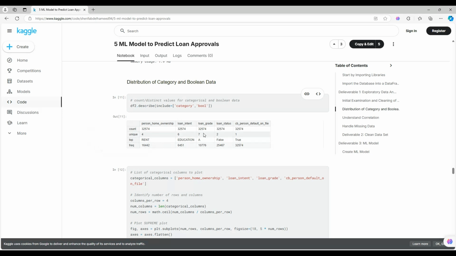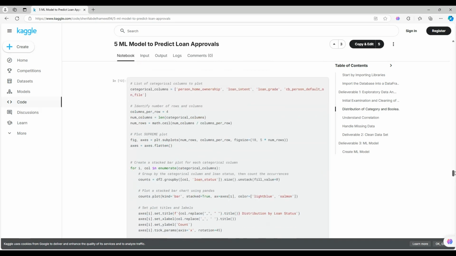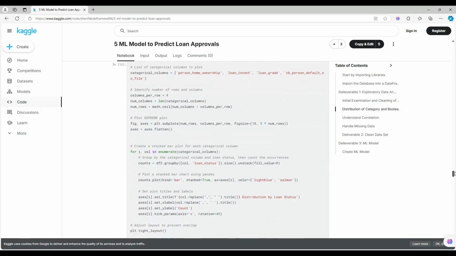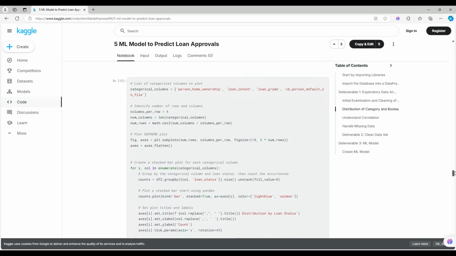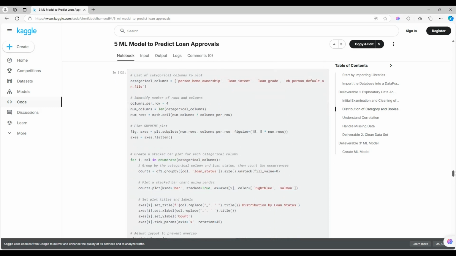So I like to again see things visually. It's good practice and it gives us insights. This looks a bit complex, but generally we take the categorical columns and set the plot up similar to what we had.